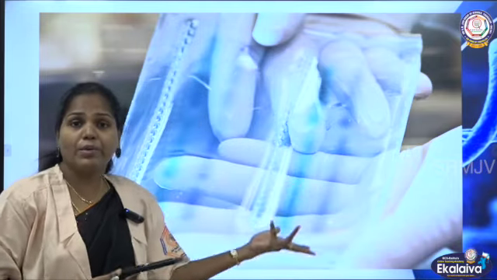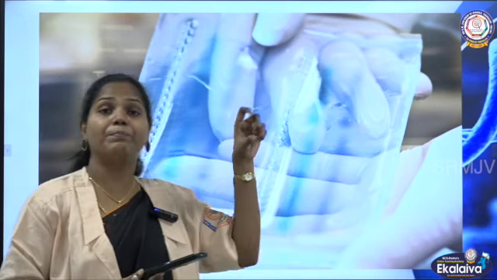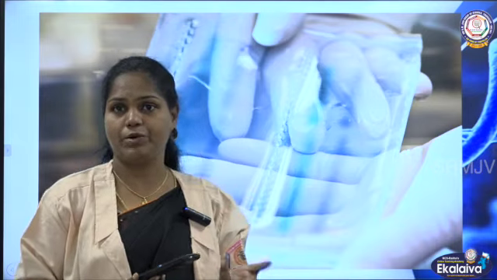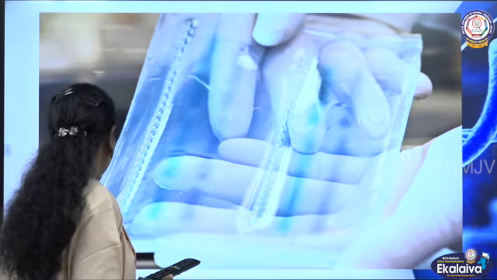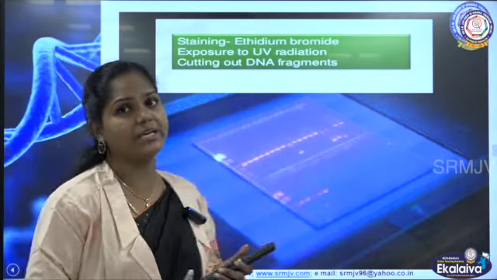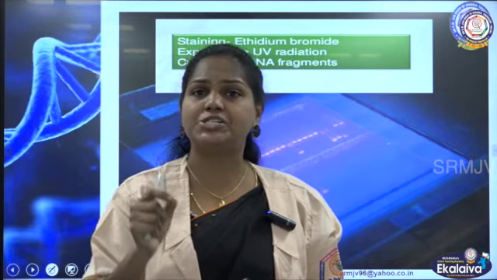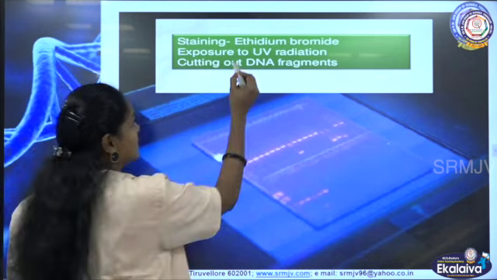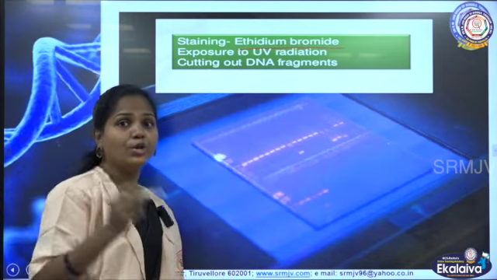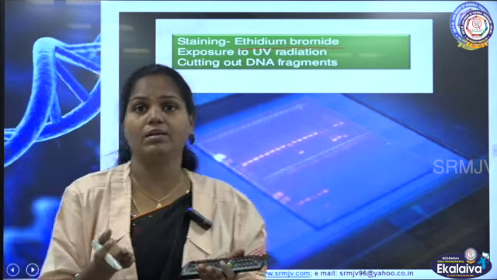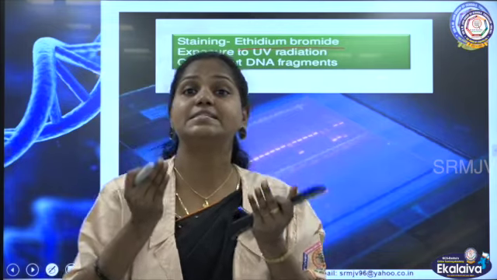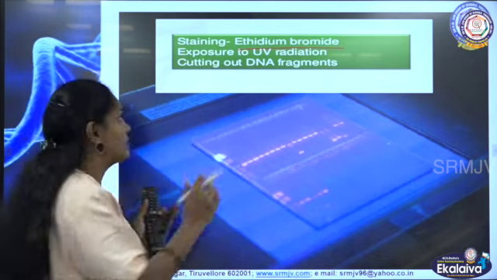You don't know how many DNA fragments are there, how many bands of DNA formed. So how to visualize the DNA? It is very easy, by using a special stain called ethidium bromide. You stain the gel which has been subjected to electrophoresis with this special type of stain.